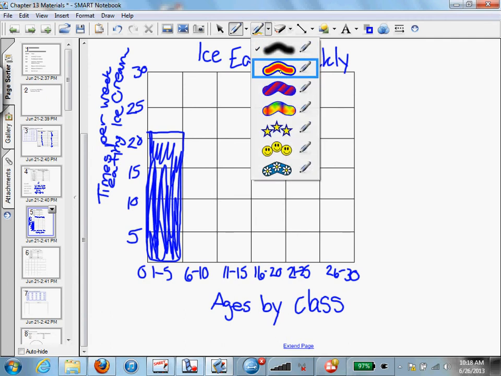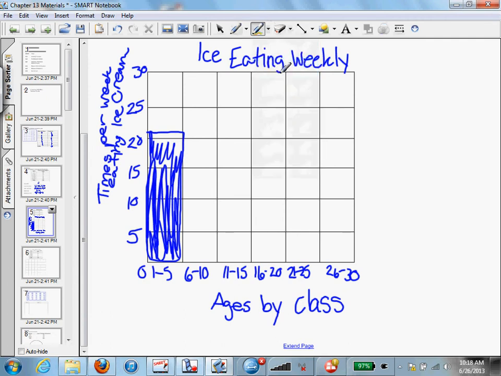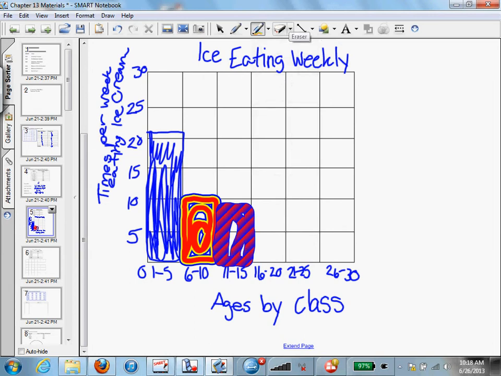Okay, so the 6 to 10 range eats about 10, so they're going to eat that amount. The 11 to 15 eat about 9, so they're going to eat a little bit less. The 16 to 20 eat about 15.